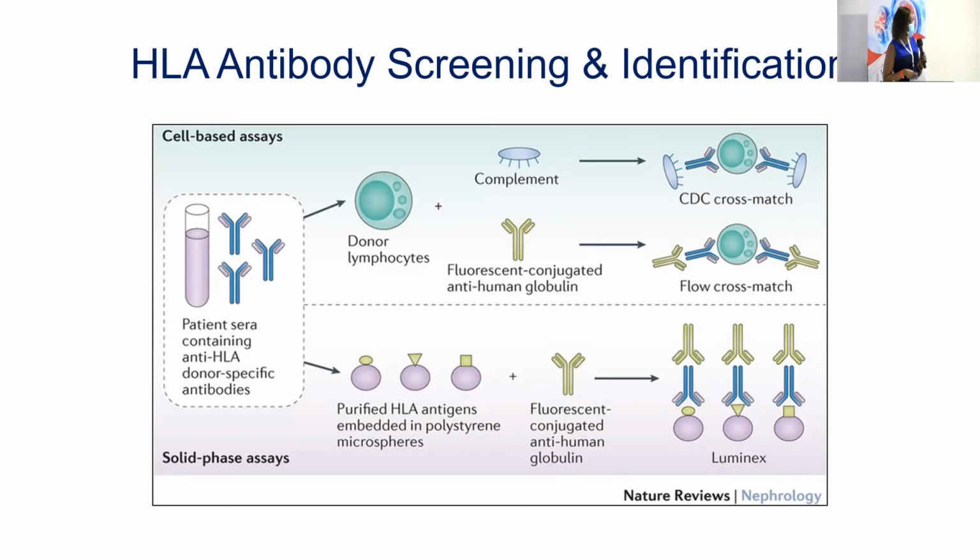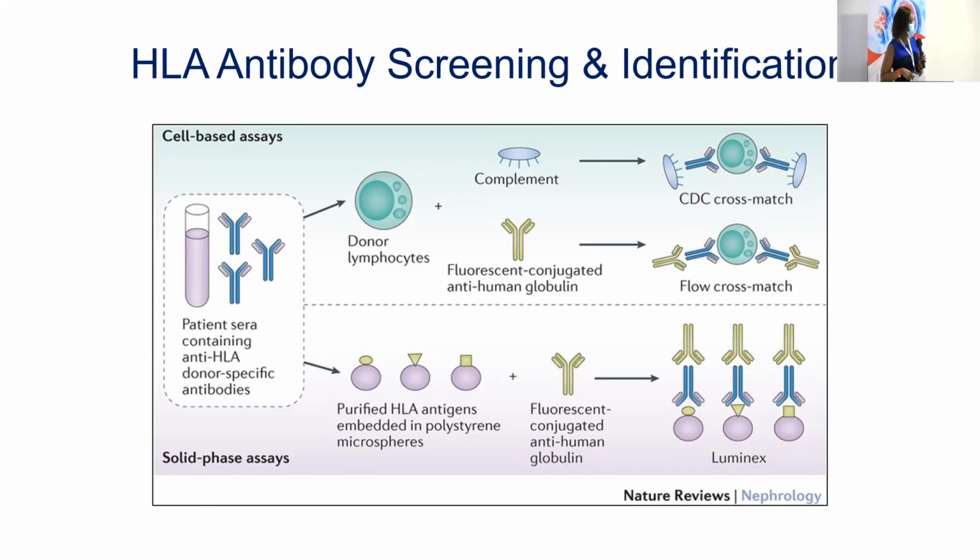If you get binding of antibodies onto the HLA, we add a secondary antibody that is conjugated to a fluorescence tag, and then we analyze by flow cytometry. So it's more sensitive and less subjective than the CDC cross-match. For the CDC cross-match, one would need to quantify the number of lysed cells and actually just count. So it can be subjective depending on who is doing the counting.